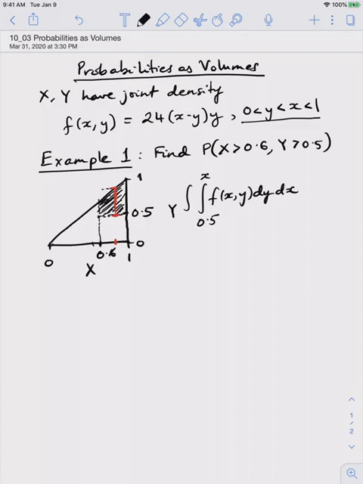And now I ask myself, where could I have fixed x? I could have fixed x anywhere 0.6 and up, because that's what's required. And so here is where I'm fixing x, 0.6 and up.